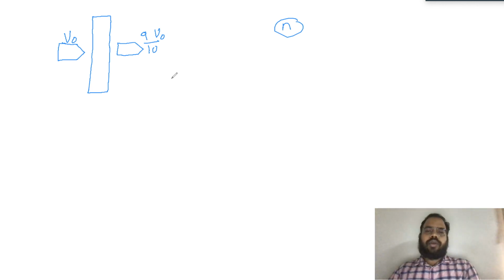If this bullet is moving with velocity v0, after it comes out of the bunker its velocity is dropped by 1/10, so its velocity is 9/10 v0. You have to find the number of bunkers to be placed parallelly to stop the bullet. Take your 2 minutes and solve.